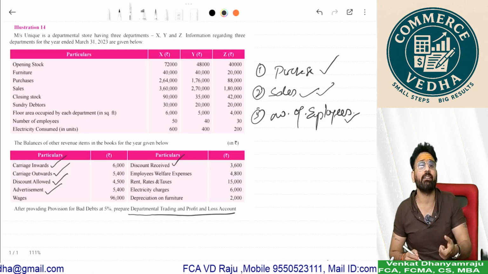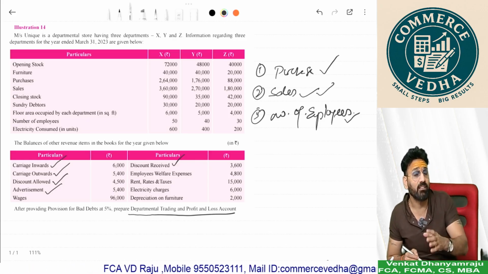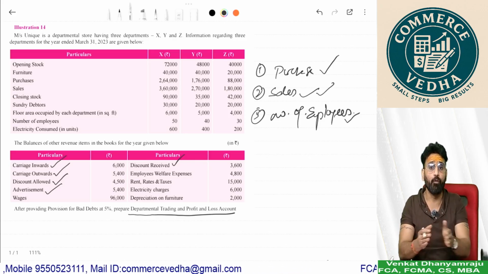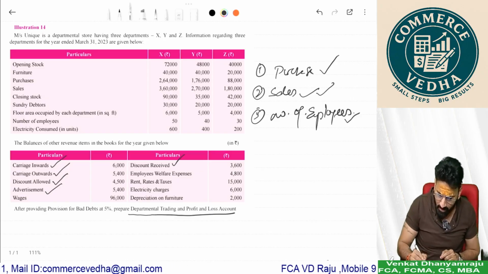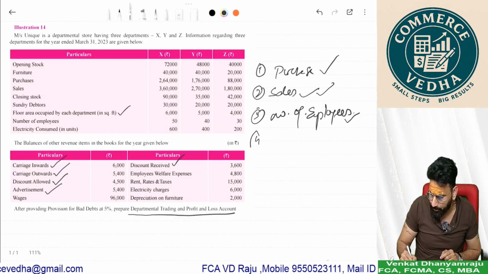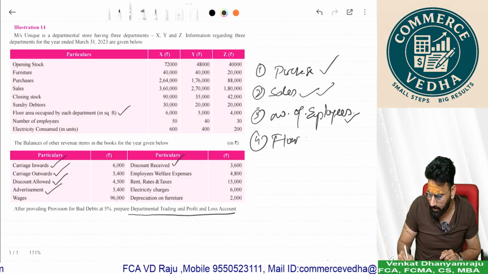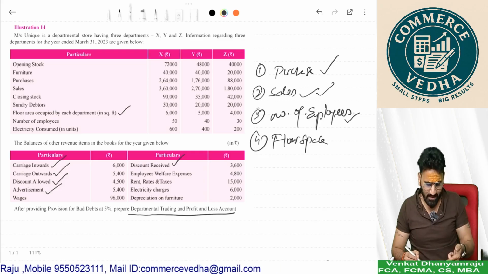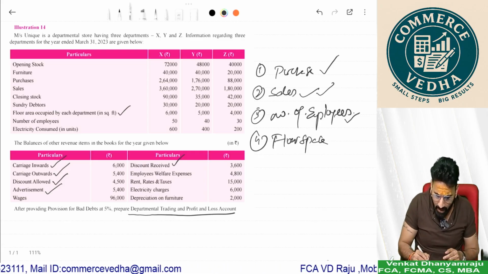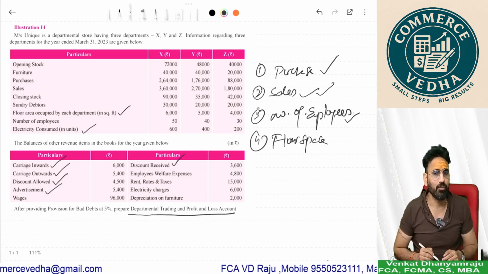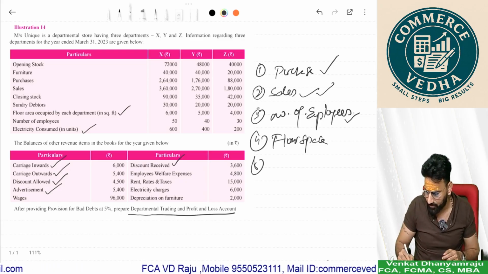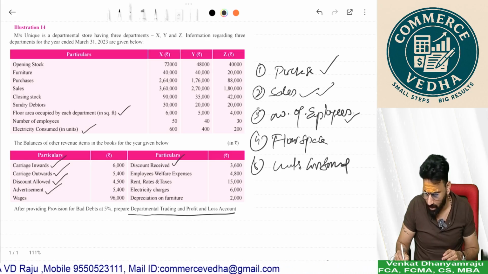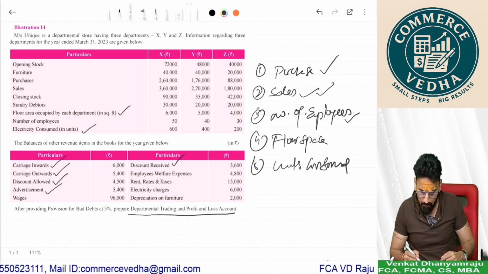Rent, rates and taxes are basically on the occupation of floor space, so it is based on floor space. For electricity charges, you have been given electricity units consumed, so that should be based on units consumed.